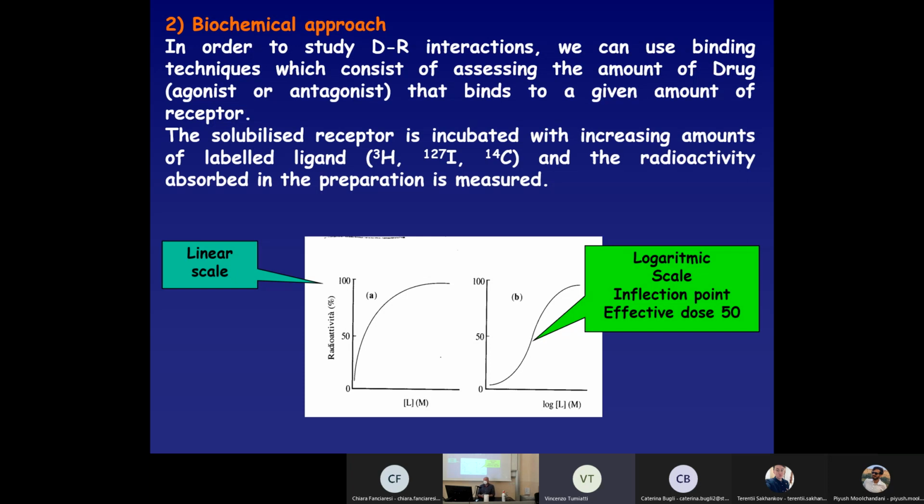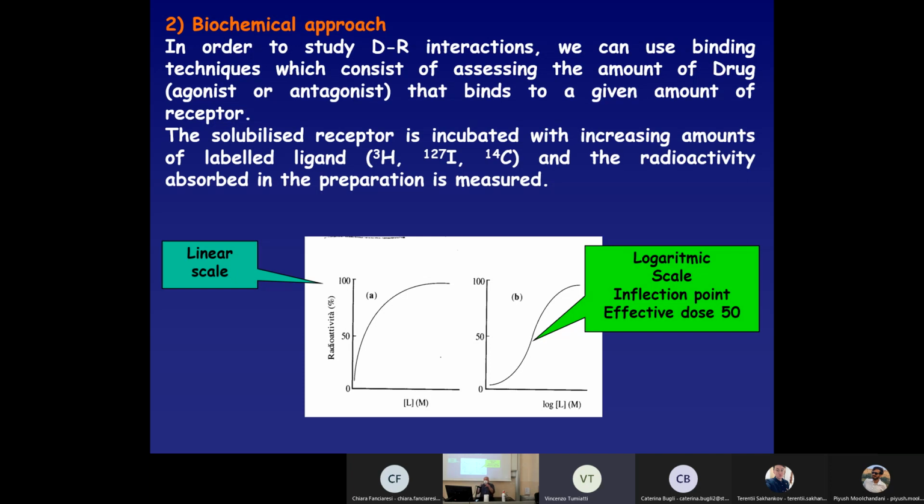We need a radiolabeled agonist. Why we need this type of compound? Because we need a measure of the ability of a specific compound to interact with a specific receptor.